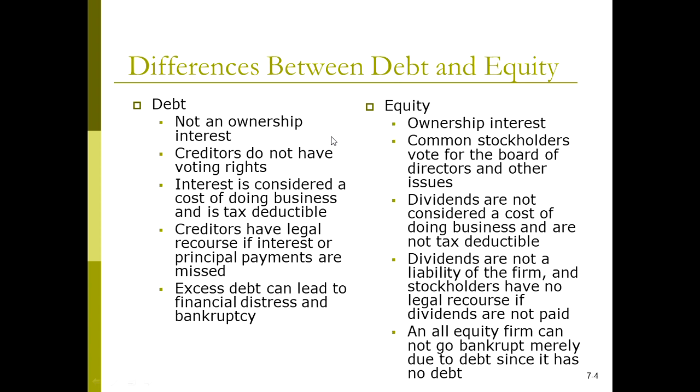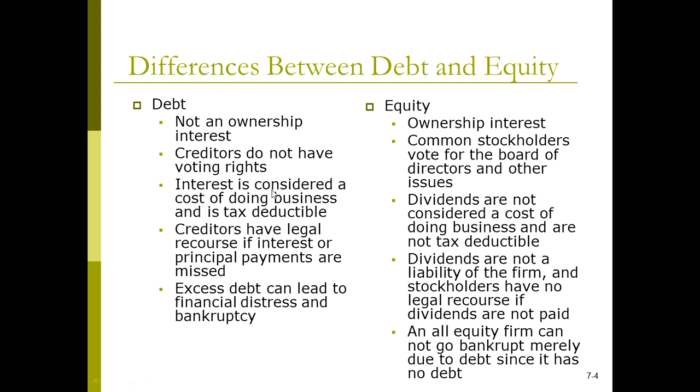What are the differences? For the debt, when you purchase the corporate bond, you do not have ownership of the company. The creditors do not have any voting rights, meaning the buyers of your corporate bonds or the banks you borrow money from have no voting rights on your daily activities.